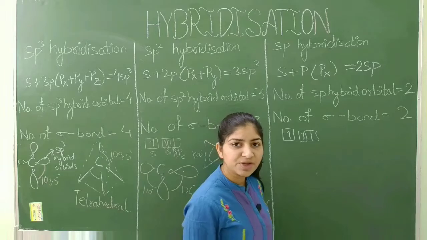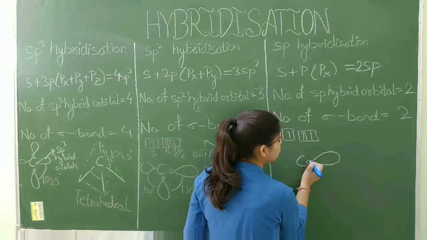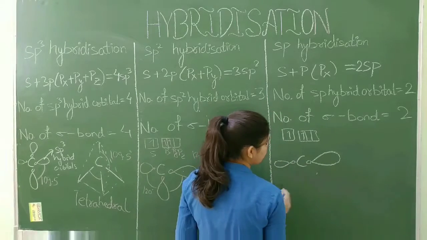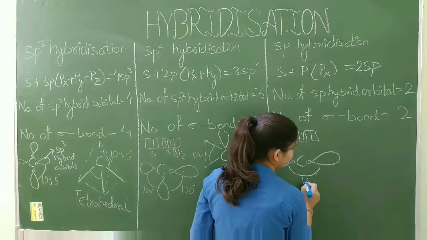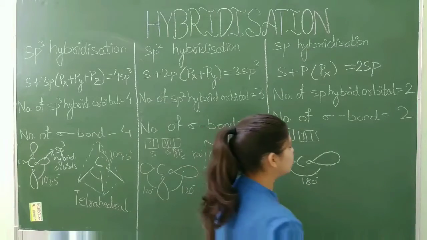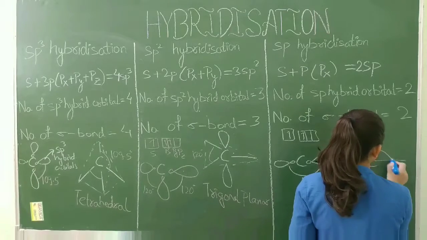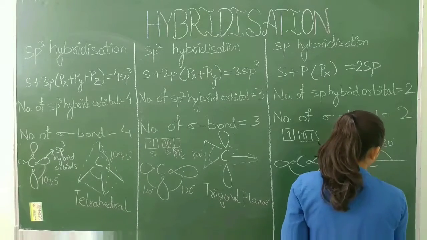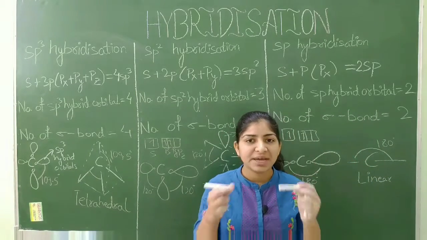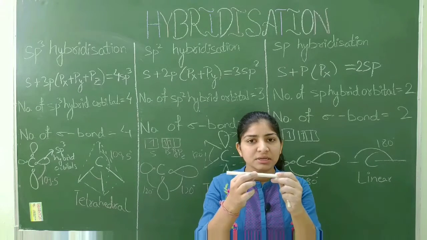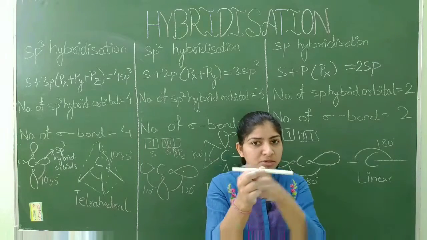The shape is unsymmetrical dumbbell. 2 bonds are forming, so there are 2 hybrid orbitals and the bond angle between 2 hybrid orbitals is 180 degree. Okay, and the geometry is linear. Linear geometry. Now let us assume that these are 2 hybrid orbitals and the bond angle is 180 degrees. So this is linear geometry.